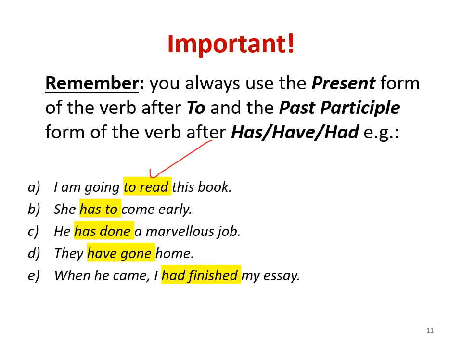Has is once again to and come. Now has done, they have gone, and I had finished. So done, gone, and finished, all of them are past participle form. So the third form you could say. So has, have, and had take past participle form after them.